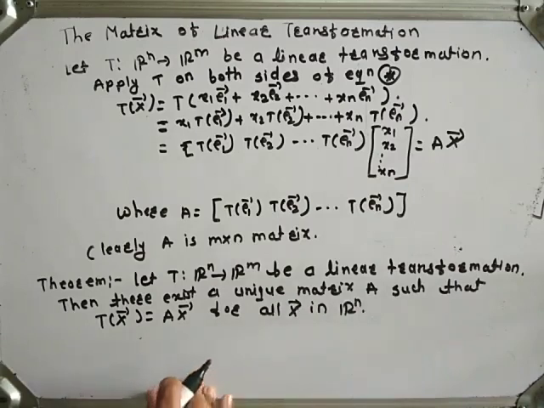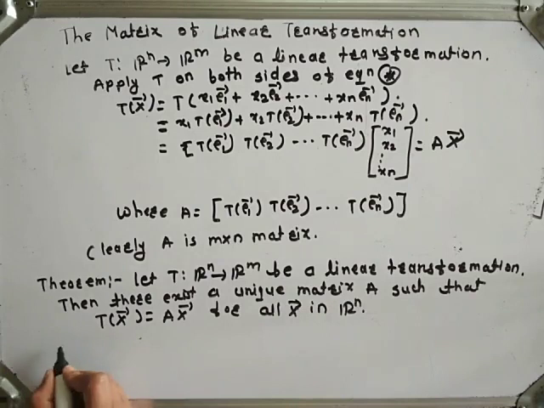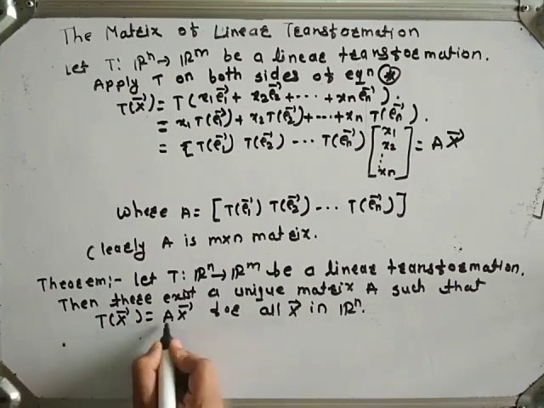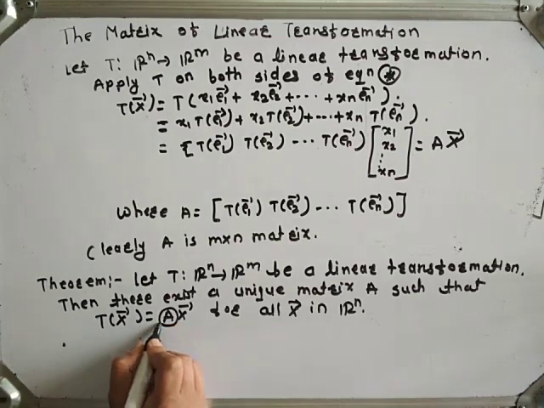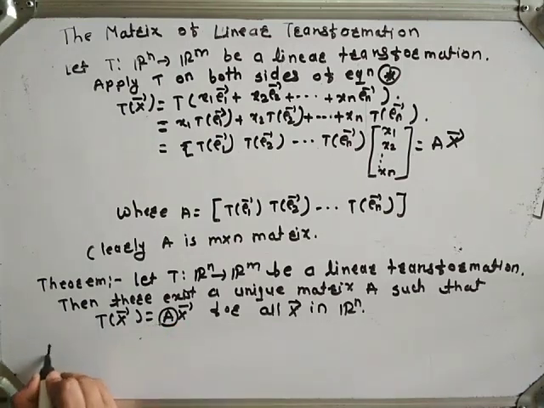Okay. And this matrix A is called the standard matrix for the linear transformation T.